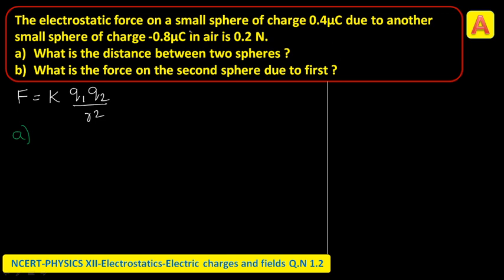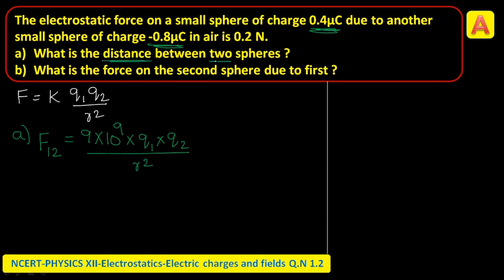Given the electrostatic force on the first charge due to the other charge, we'll represent this as F12, the electrostatic force acting on the first charge due to the second charge, which is equal to K, the constant, which is 9 into 10 power 9, into Q1 into Q2 by R square. Distance is R.